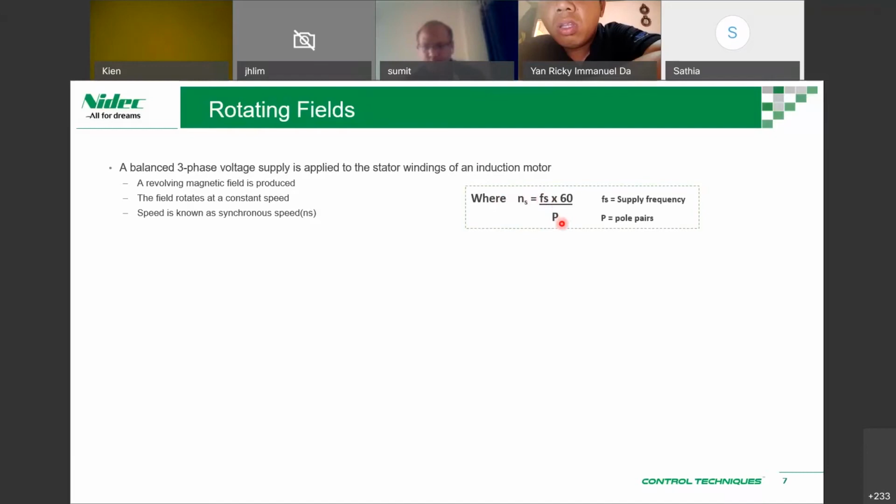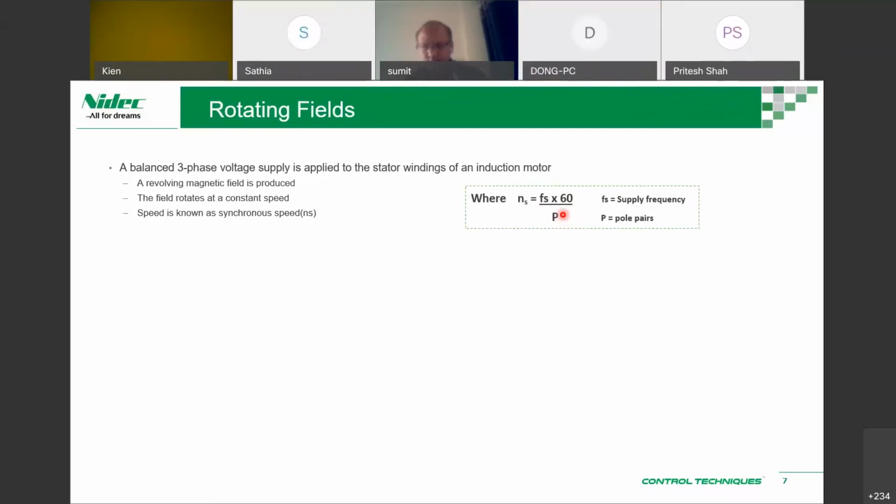And then you have pole pairs. Our motors come with 2 pole, 4 pole, 6 pole. So we calculate pole pairs. If it is a 2-pole motor, it's a single pole pair.